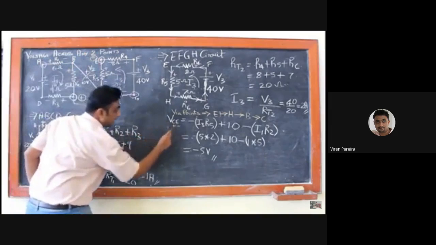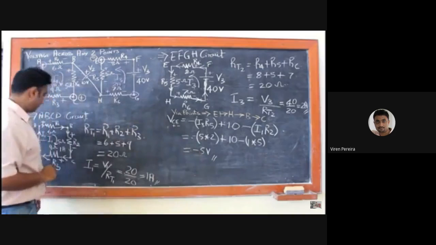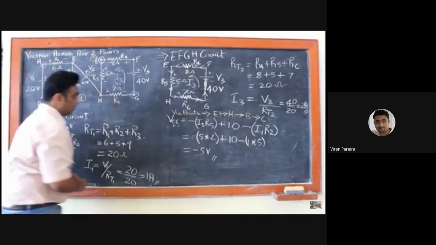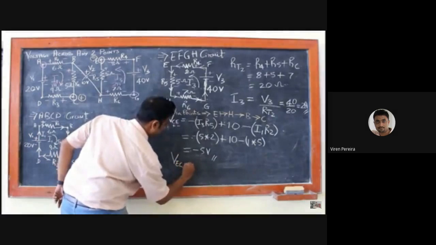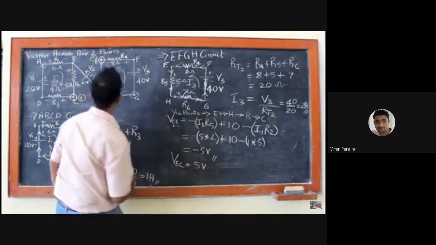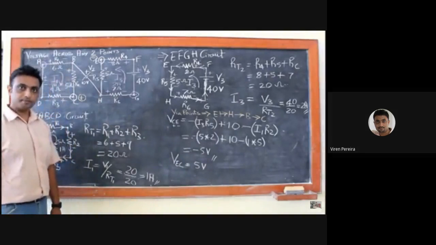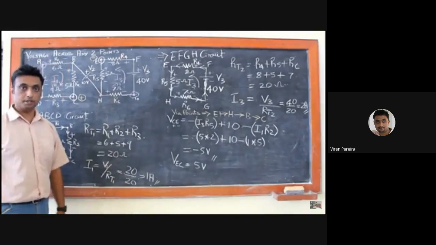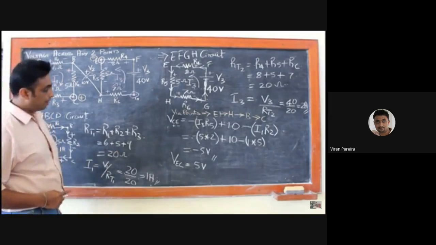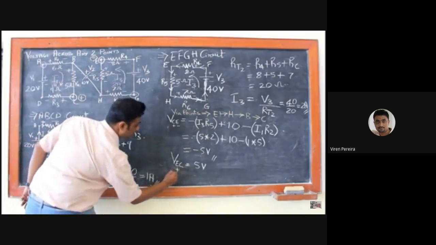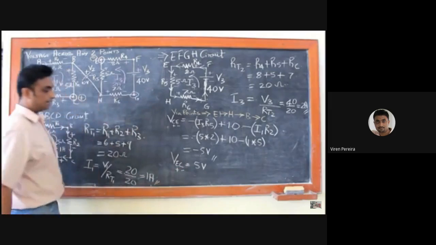So if VCE equals minus 5 volts, then I can say that VEC equals 5 volts. I hope this logic is understood. If I'm taking VEC, it will be equal to 5 volts. That means E will be positive, C will be negative.